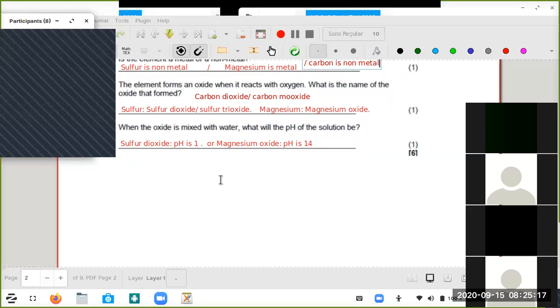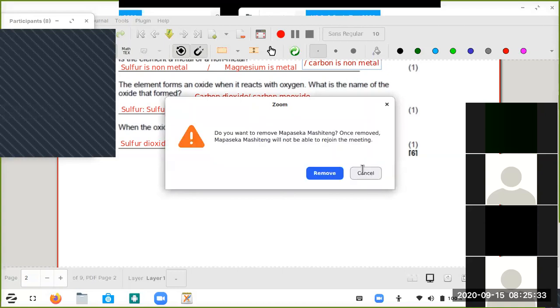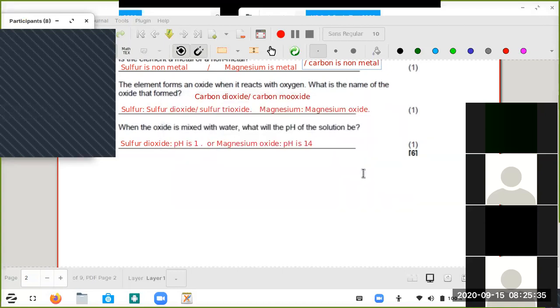Which means it is of pH 14. That's an alkaline or a base. Fine.